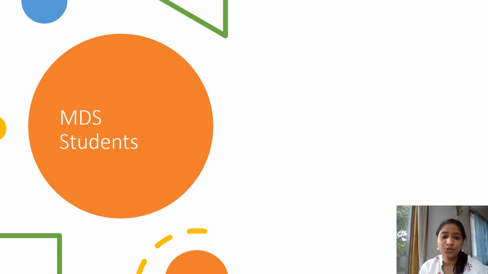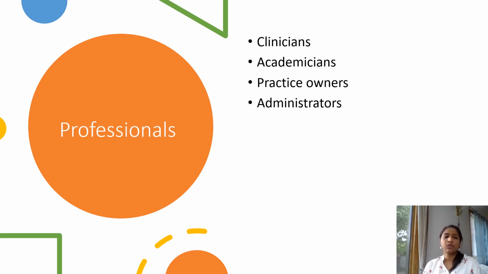So let's go to the next slide, which is for the professionals. So who would I consider professionals? Would be clinicians, academicians, practice owners, and administrators. With this particular cohort, I think this will be the most experienced of the lot, because you are a clinician, so you've already treated cases.